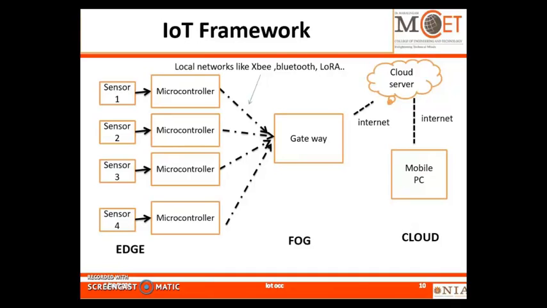In this, the edge computing devices are the physical devices, and the electronic sensors come under edge computing devices. The data collected from the edge computing devices is connected to the gateway, that is the fog computing device, through the local network like Zigbee, Bluetooth and LoRa. Here the open source hardware comes into the picture.